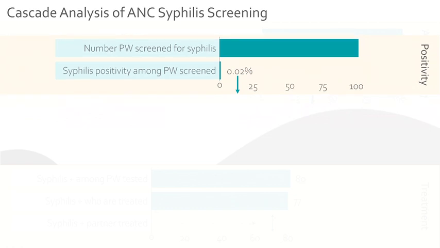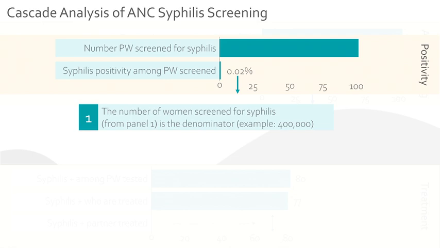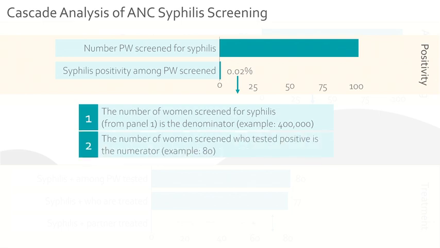To calculate this, the number of women screened for syphilis from panel 1 is the denominator, for example, 400,000. The number of women screened who tested positive is the numerator, for example, 80. The ratio is 80 over 400,000, or 0.02%.